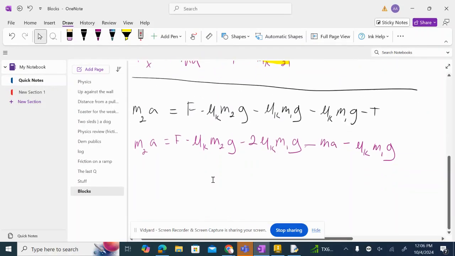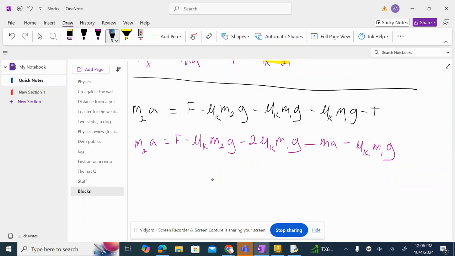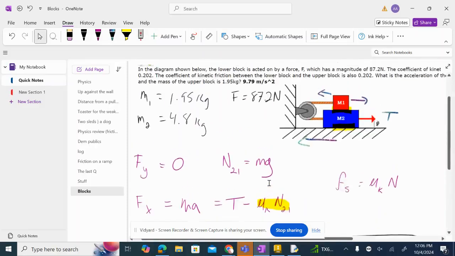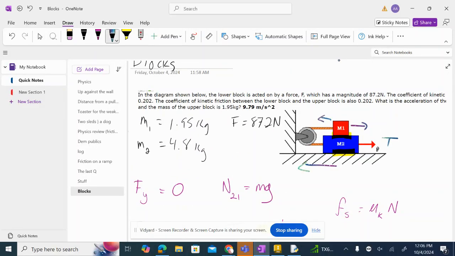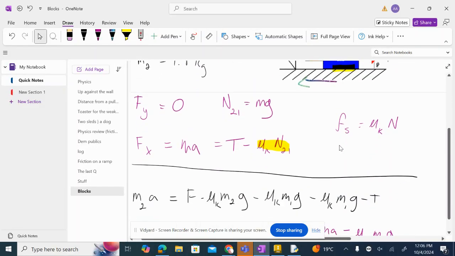So now we're going to rearrange this equation. Instead of M2, which in this case is M1 plus M2, because the mass on the second block is always going to be M1 plus M2, we're going to sub in that equation as it is.